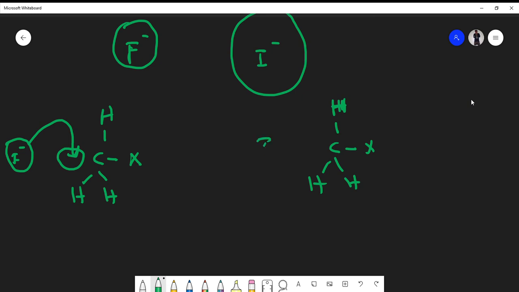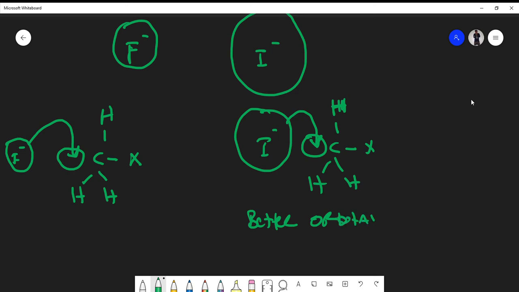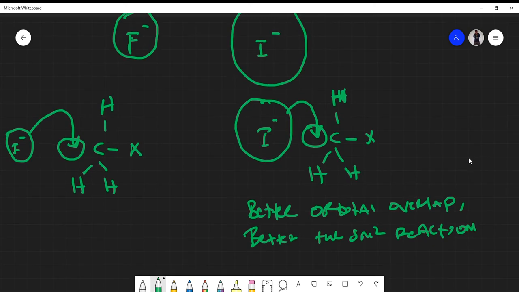If I do the same reaction with iodine, I'm looking at a bigger molecule and it's going to attack the empty p orbital. Now, the idea is that iodine, the bigger nucleophile, with its polarizability, provides a better orbital overlap. So the better the orbital overlap, the better the Sn2 reaction. So that's something that's important.